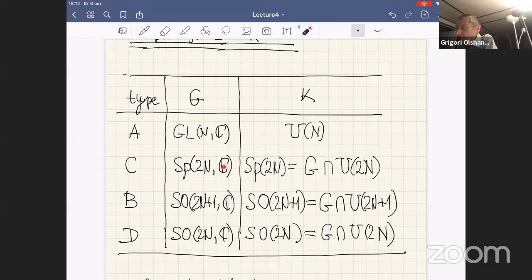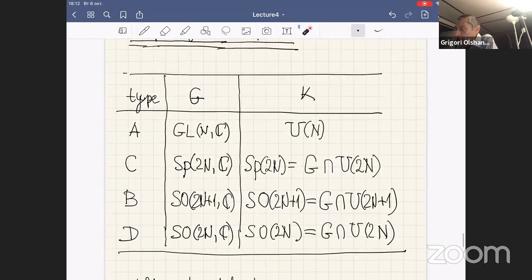And I use here the standard realization, standard in the sense that I explained with this matrix along the second diagonal. And likewise in type B and in type D. So this is one possible definition, which is very convenient for all questions related to roots, weights, and so on.